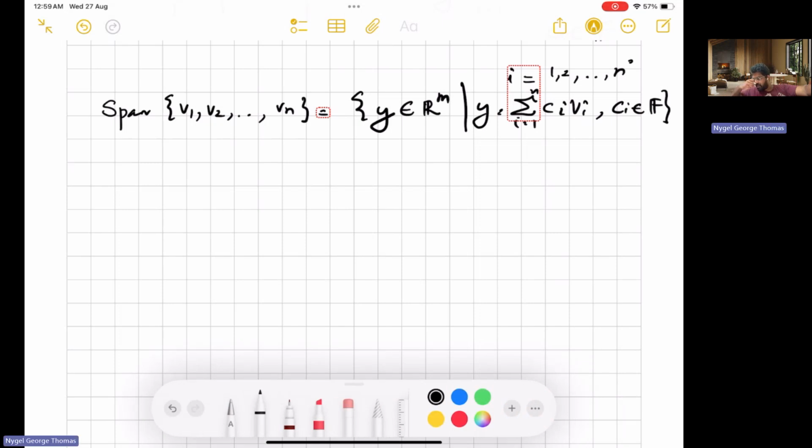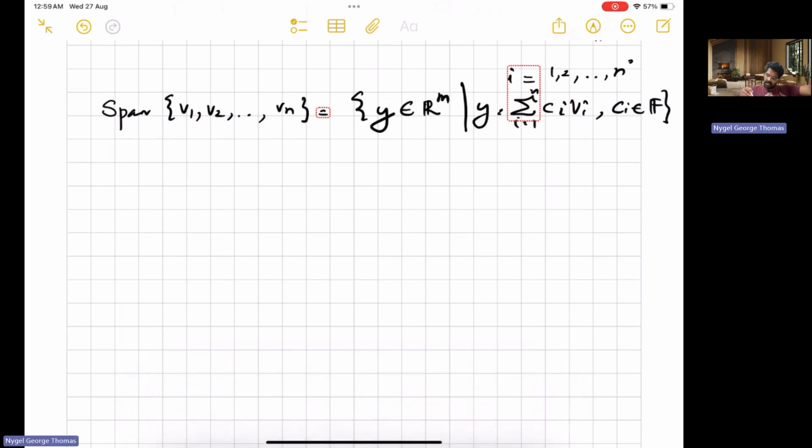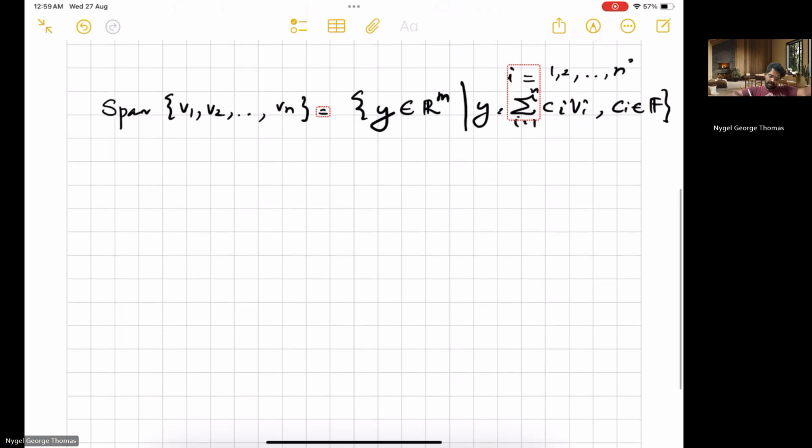The immediate consequence we are expected to see is this. For proofs in this course, I'll be using green ink. So let's say we have a statement. Question: prove that span of v1, v2, etc., vn is a vector space.